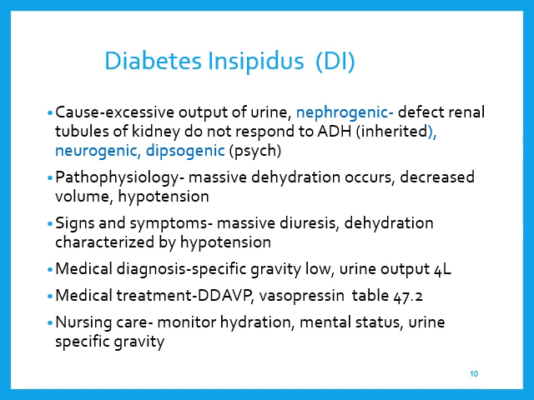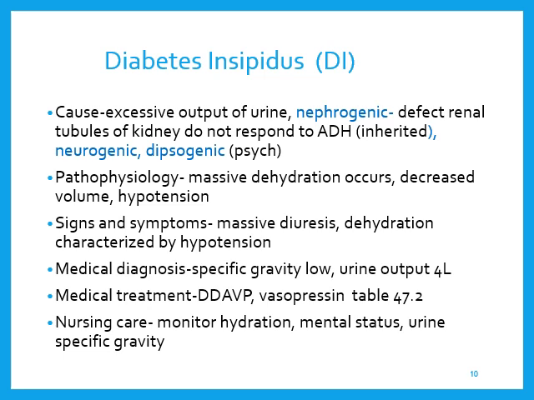All right, let's talk about diabetes insipidus. I find this majorly interesting. There's different types of diabetes insipidus. It is an excessive output of urine. There's nephrogenic DI, where there's a defect in renal tubules of the kidney because they don't respond to ADH, or antidiuretic hormone, and it's inherited.